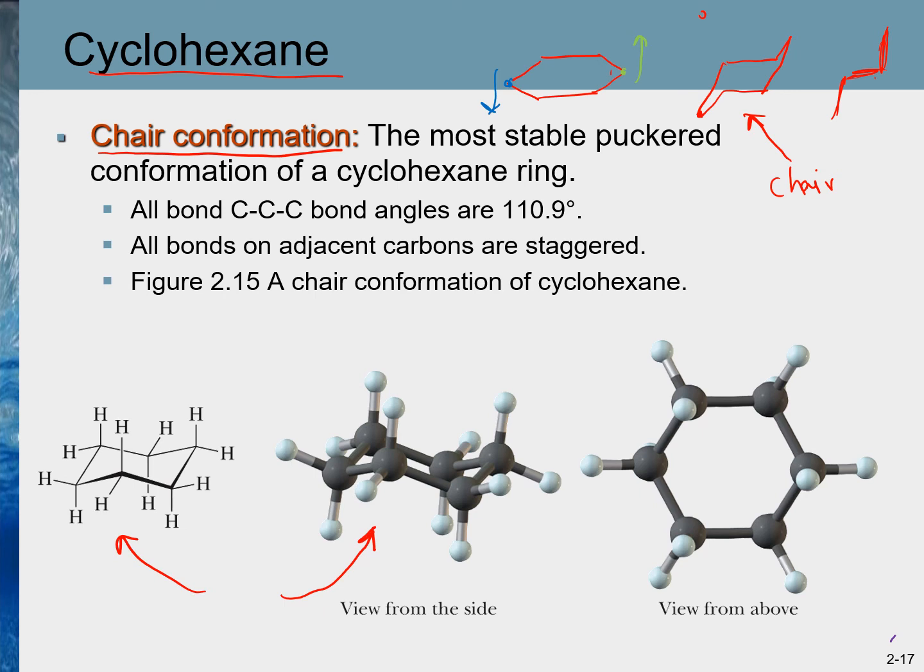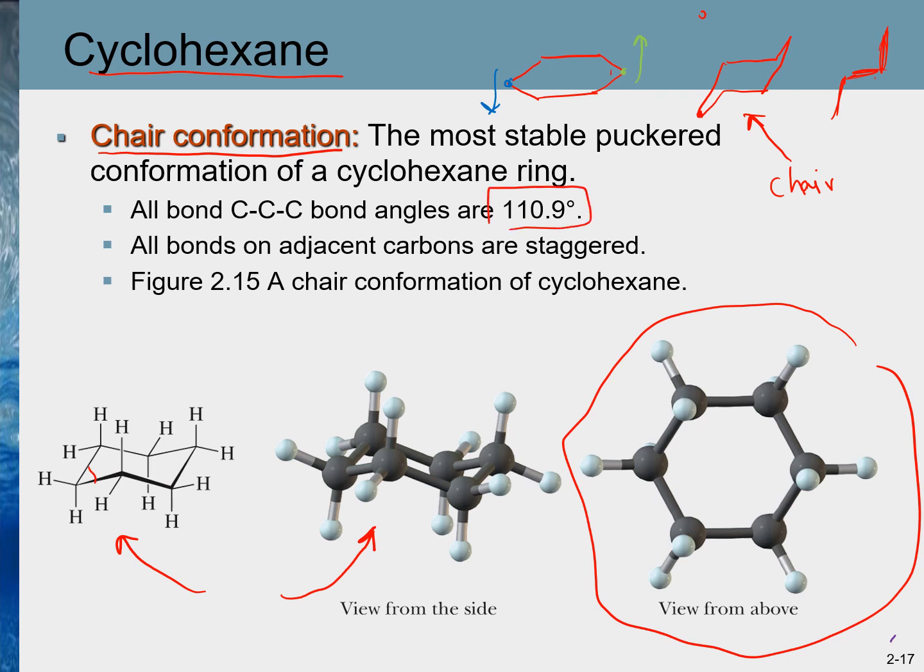So the top view of chair conformation still would look like a regular hexagon, but we know that it's not the regular hexagon. In chair conformation, the bond angle is 110.9 degrees. So all bond angles are 110.9 degrees, which is quite close to the optimum bond angle of 109.5. So therefore it has a minimum amount of angle strain.